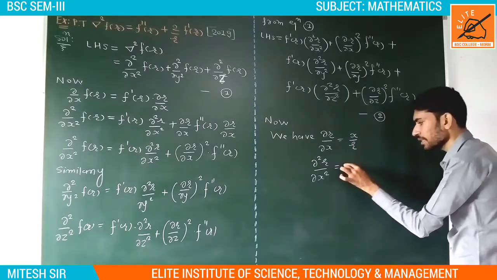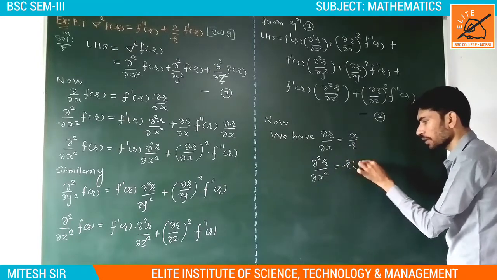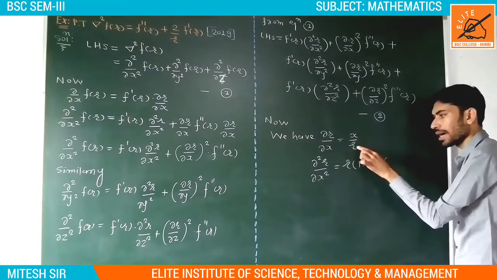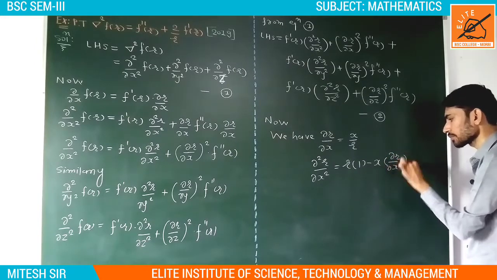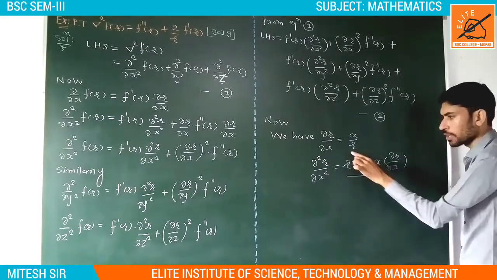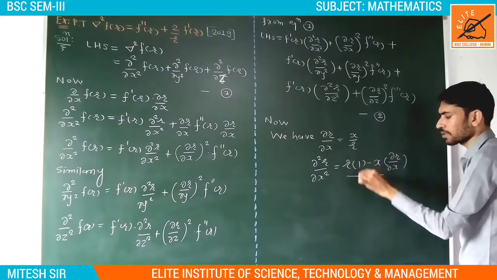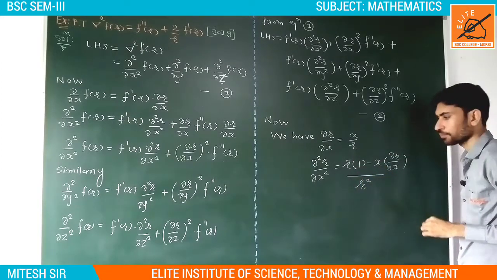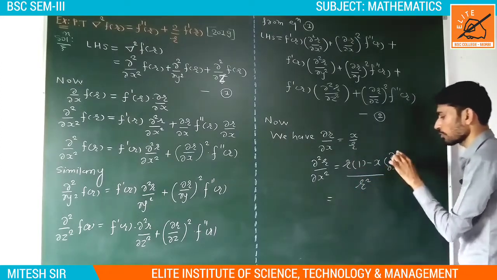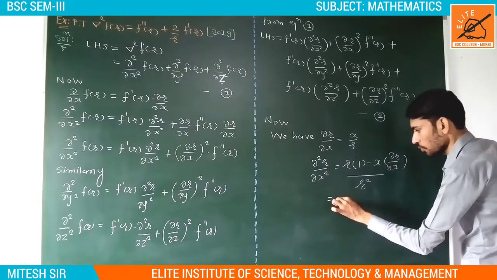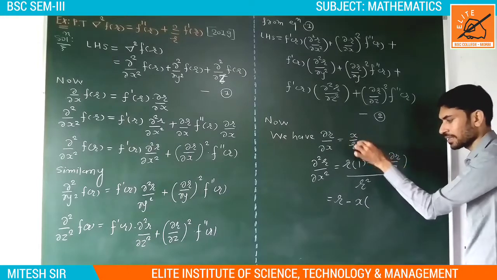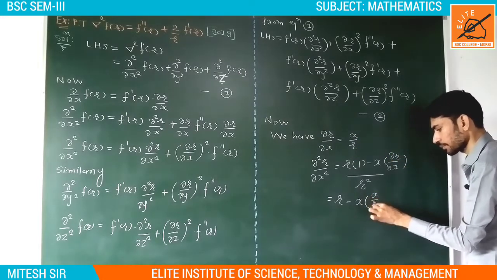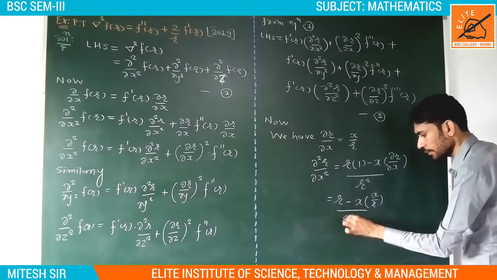સો r એઝ ઇટ ઇઝ x નું થશે 1 માઇનસ x એઝ ઇટ ઇઝ r નું થશે del r by del x upon denominator square, over r square. Now we substitute the value, as we know del r by del x is x by r. So here we write r minus x, value of del r by del x is x by r, upon r square.